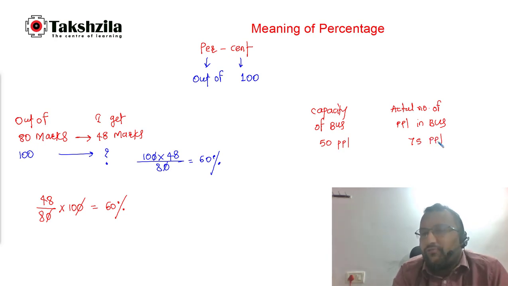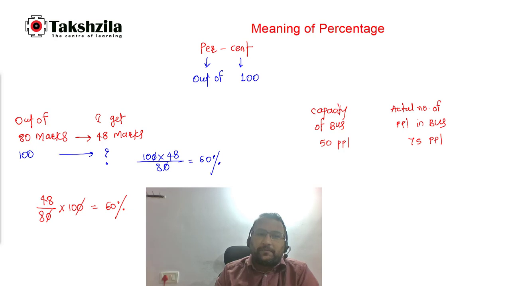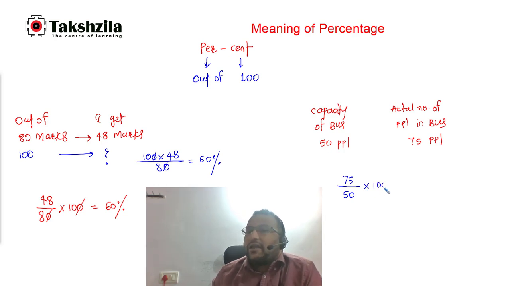Now over here we need to find out at what percent of its capacity the bus is running. The capacity of the bus is 50, but there are 75 people in the bus. To convert this fraction into percentages, we need to multiply this by 100, and if we solve this further, you will get 150.